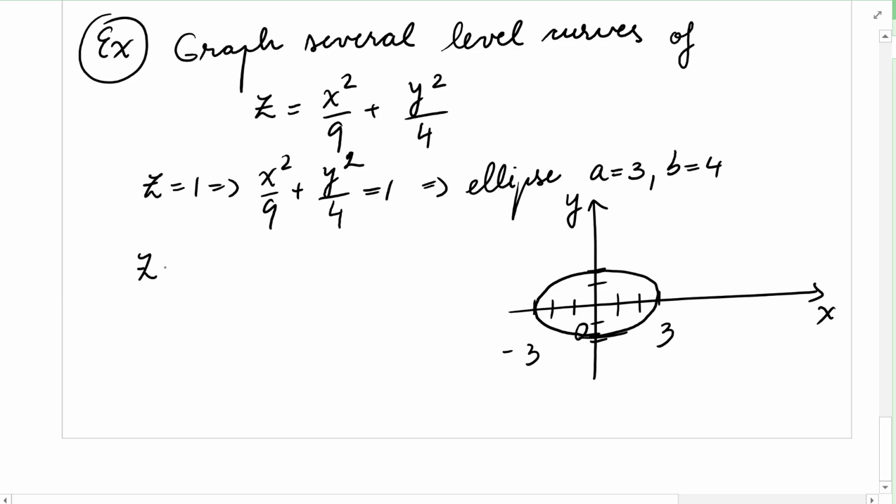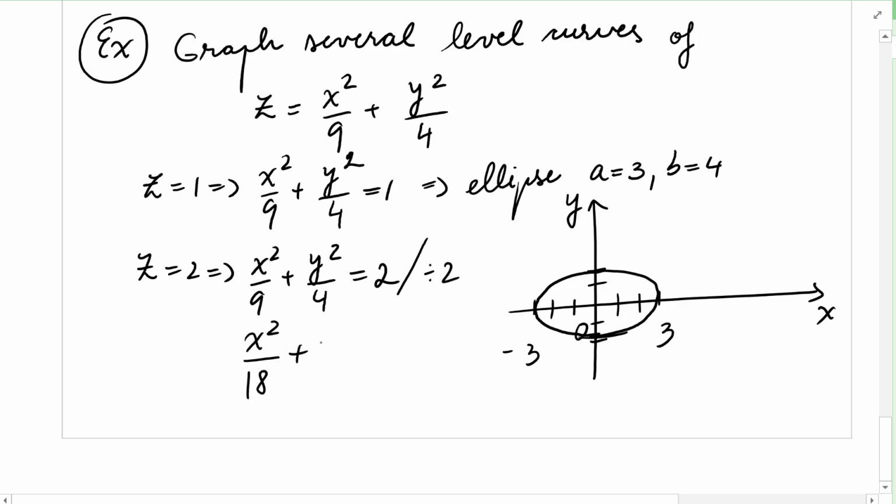If z equals 2, for example, then we have x squared over 9 plus y squared over 4 equals 2. If we divide everything by 2, we get x squared over 9 times 1 over 2, which is x squared over 18, plus y squared over 8 equals 1.